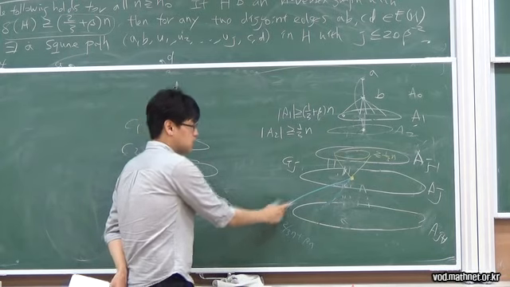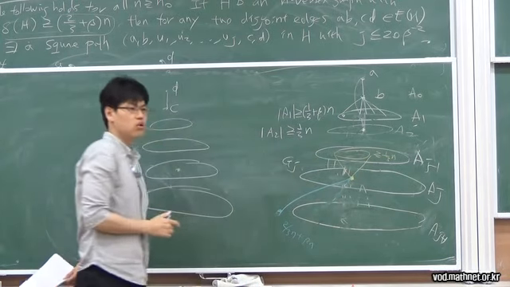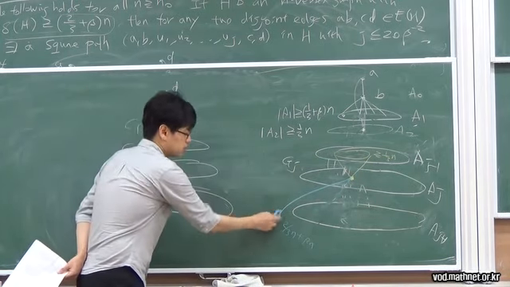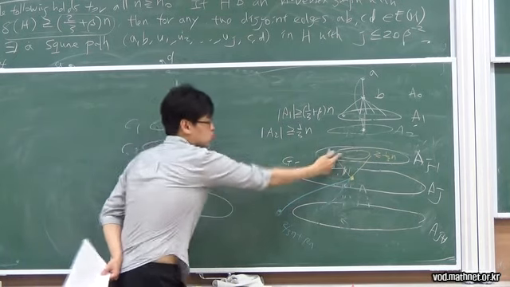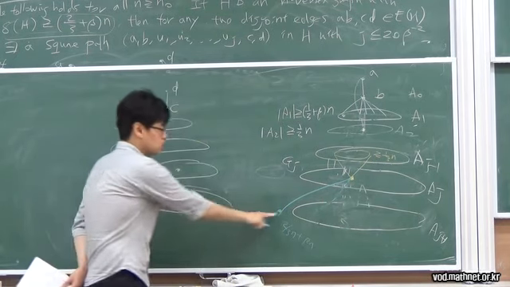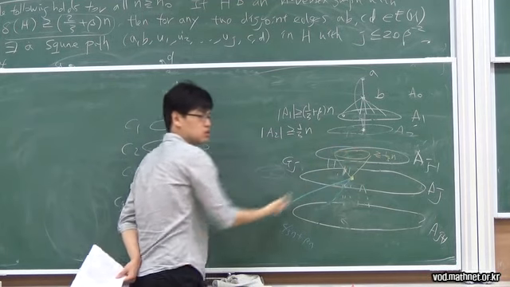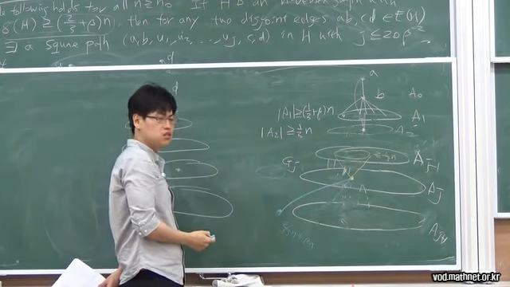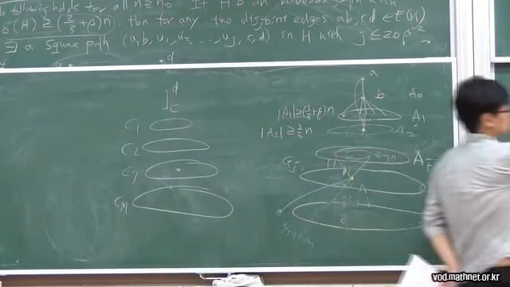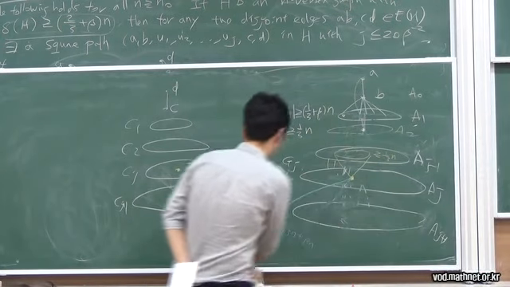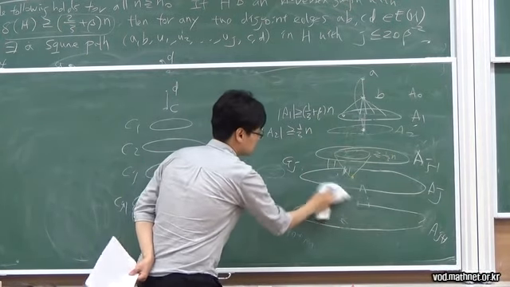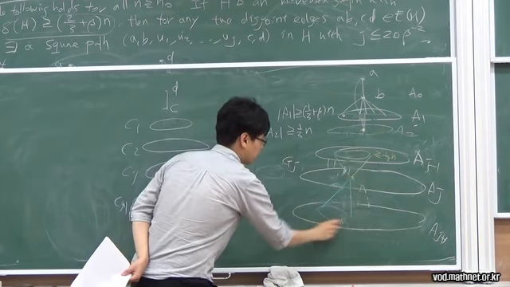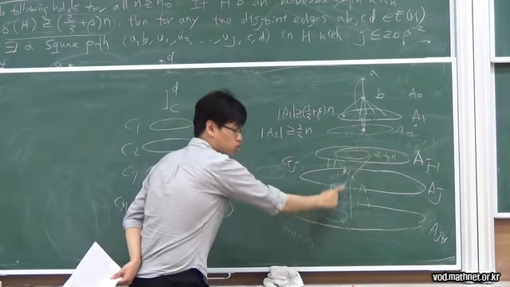This has that much degree, and this has size at least 1/3 n. So the neighbor of this and this should overlap. So this sends lots of neighbors there. Then our definition says that all of them are actually in here. So any neighbor of that is always in here.